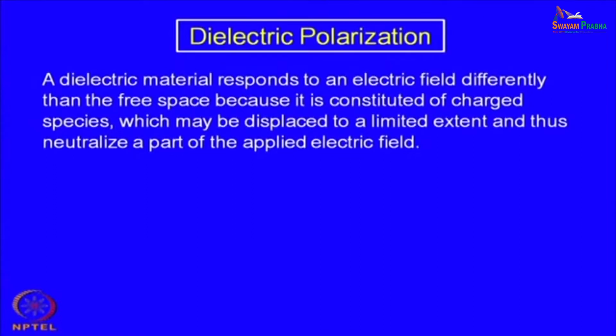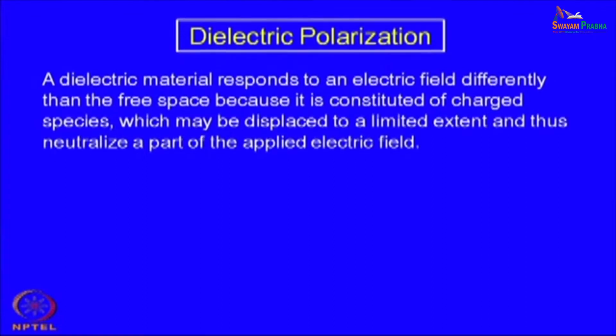As I mentioned earlier, whenever we apply a field, electric field or an energy, the internal structure and constituents of the material respond in a particular manner. In the case of a conductor, the free electrons or free charge carriers move over a larger distance from one end of the solid to the other end of the medium, whereas in an insulator, they cannot move over a large distance, and that is the property of an insulator.